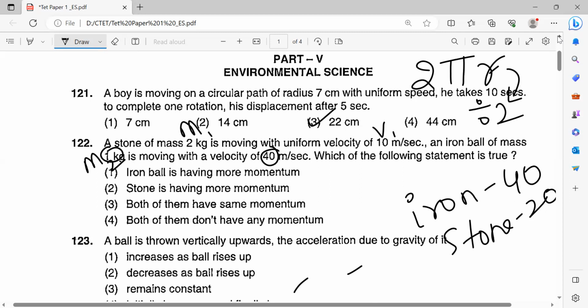By this we can tell that the iron ball has more momentum than the stone. So option 1 is the right answer here. For the second question, option 1 is the right answer. Next.